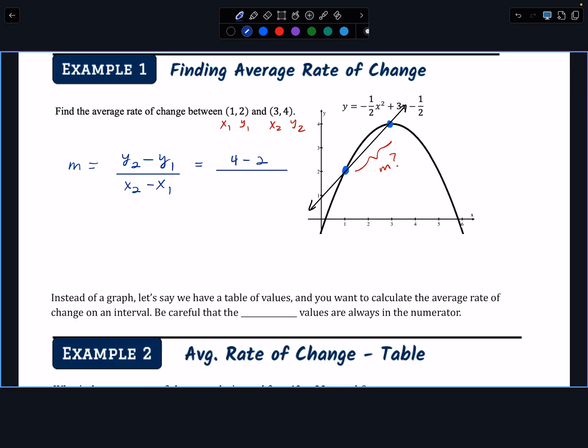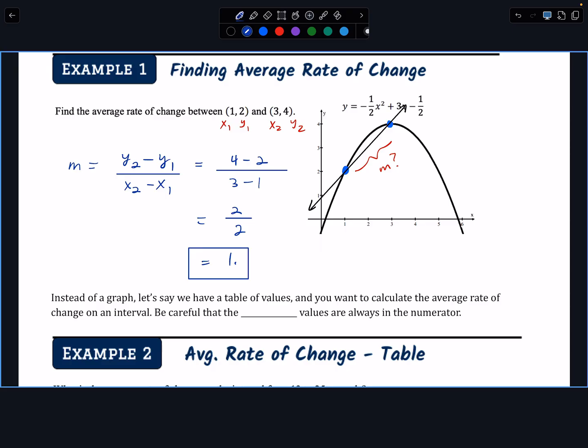What goes on the bottom? 3 minus 1. Quick mental math: 4 minus 2 gives me 2, 3 minus 1 gives me 2. What's 2 divided by 2? 1. So what's the average rate of change between these 2 points? 1. Does it look like it's 1? Kinda.